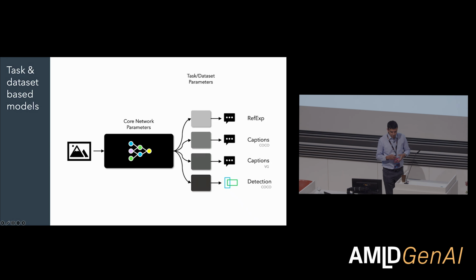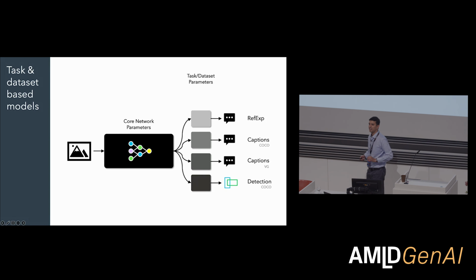So when I'm talking about task-specific architectures, I'm simplifying things a bit here, but this is typically how models in computer vision look like, right? You take some input, often an image or some text along with it, right? You have some core network parameters, and then you have these task-specific heads. In computer vision, actually, it gets a little bit sillier than this.